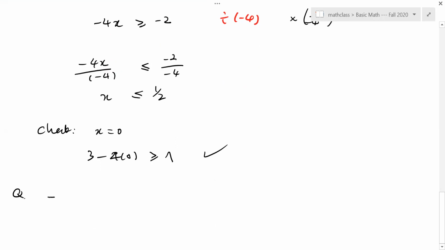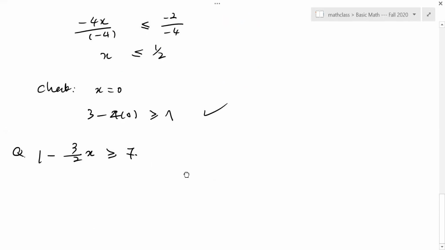All right, so our next problem is 1 minus 3/2 x is greater than or equal to 7. Right? Yeah, please work on this problem.